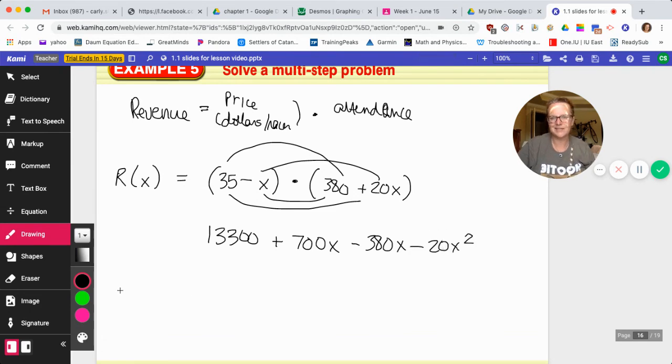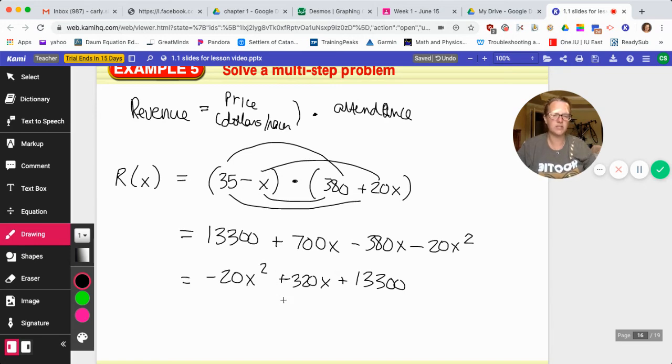That's not in standard form. Standard form, I need to go the opposite order, which is good because I needed a negative a term. Let's see, I'm going to add those together, and then plus 13,300. All right, so that right there is my equation.